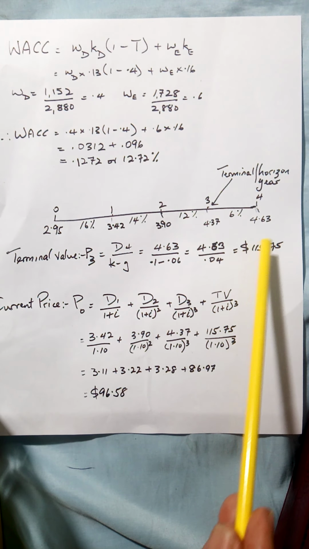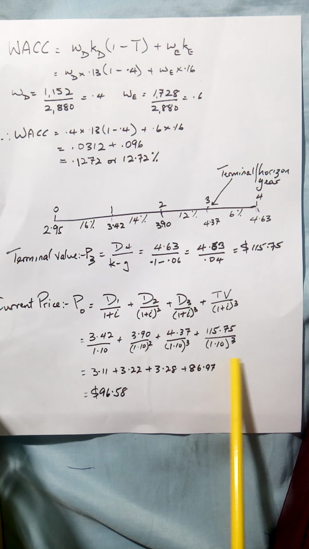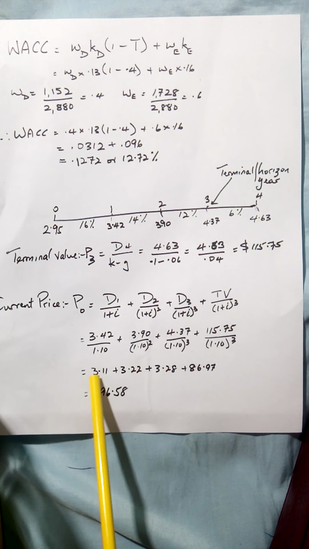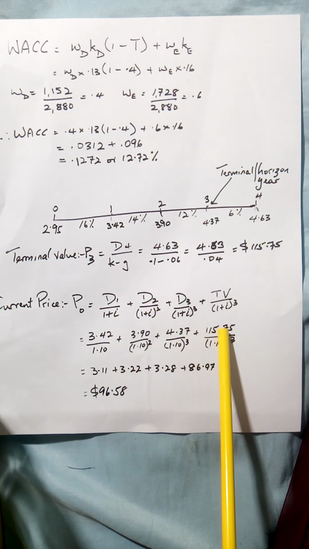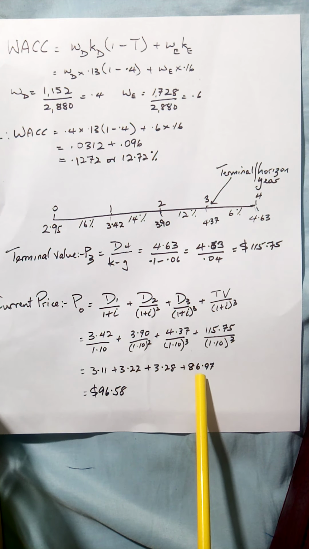And the constant growth value here, the terminal value, also a year 3 cash flow, discounted back 3 years. So at this point, all of these cash flows, year 1, 2, 3, have been discounted to their year 0 equivalent.